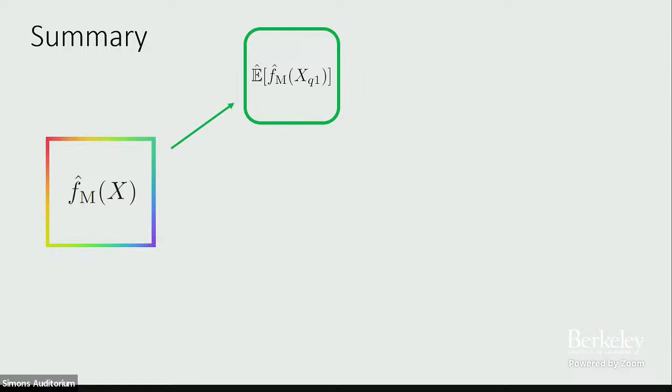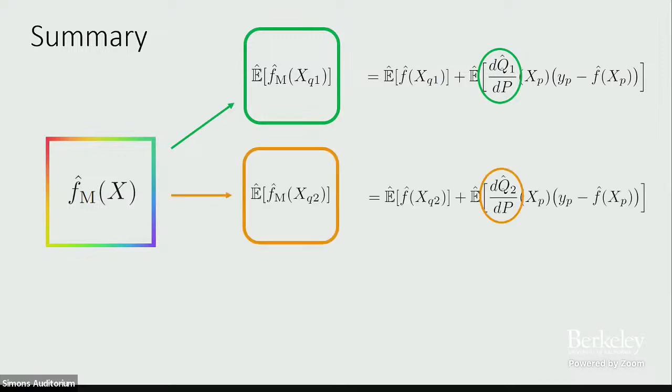All right, so let's summarize. What do we show? We show that you fit this W hat, this F hat M, which I claim is multi-accurate. It's a simple auditing procedure. If you plug it in on Q1, it's equivalent to estimating dQ1/dP and using it for bias correction. But the same thing is true if you plug it in on Q2.